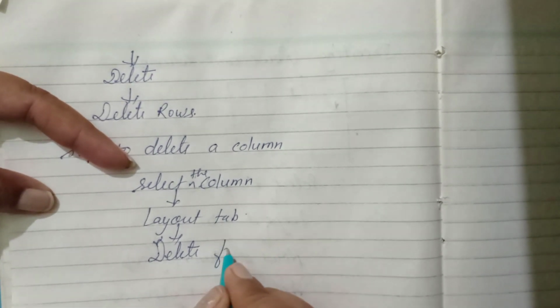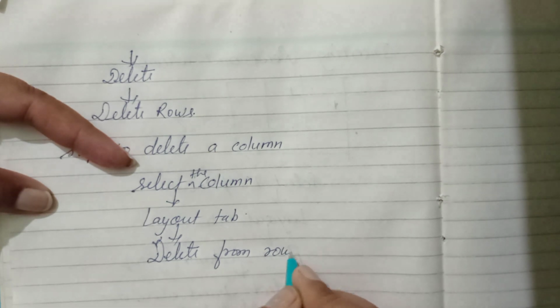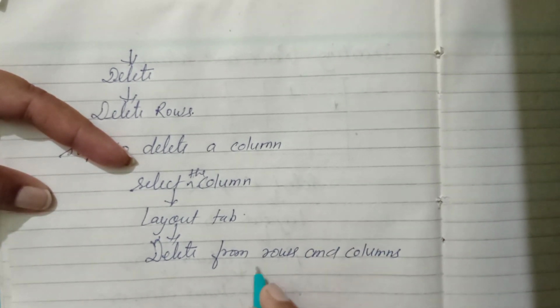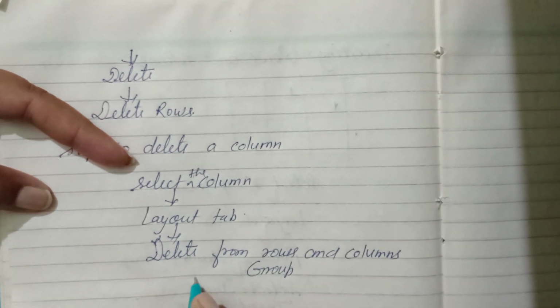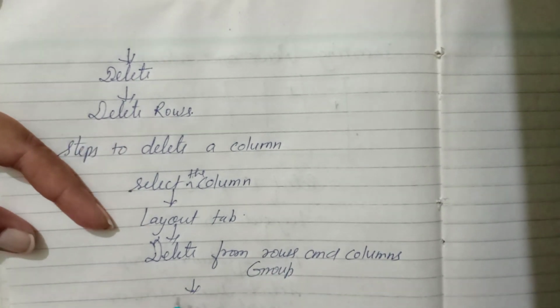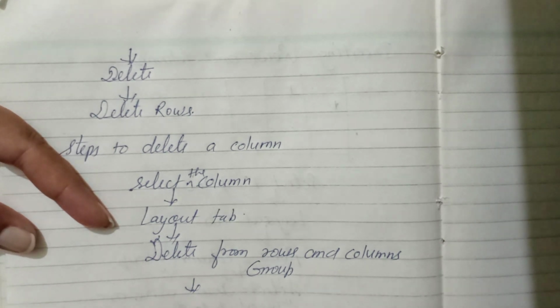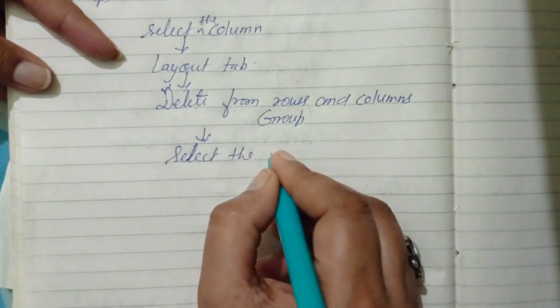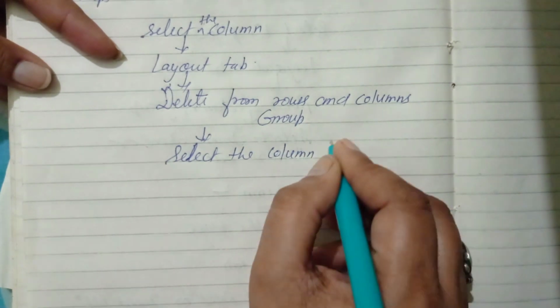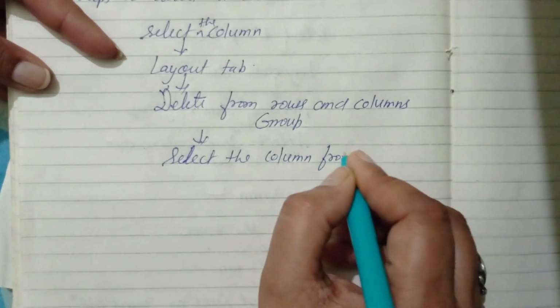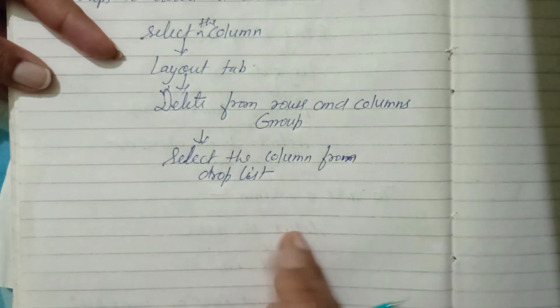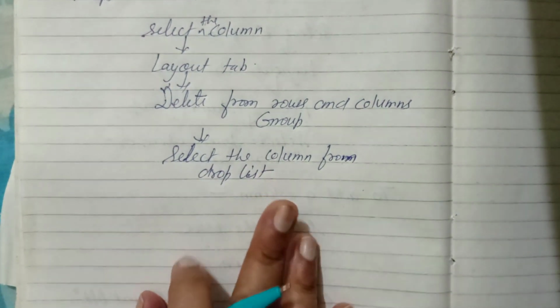Select delete button from rows and columns group. Then select the delete column from the drop down list. From drop down list, then selected column will be deleted.